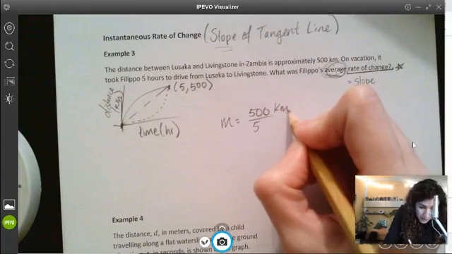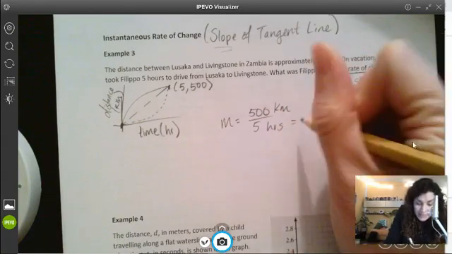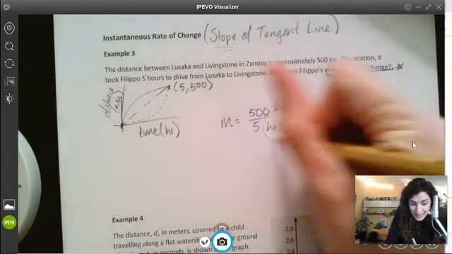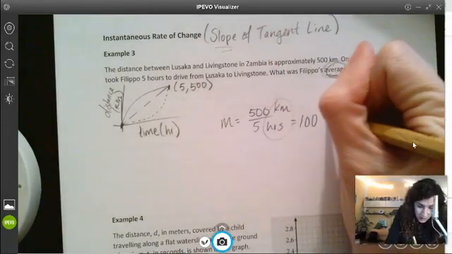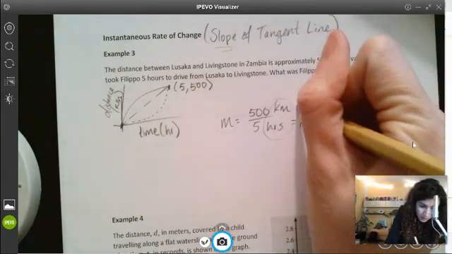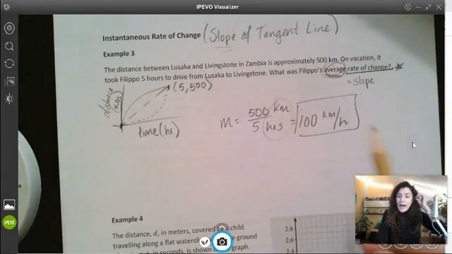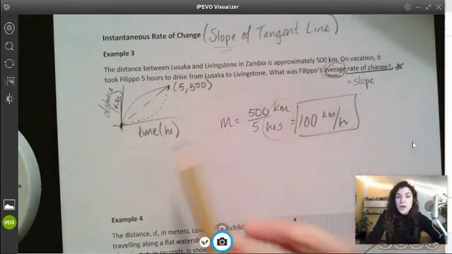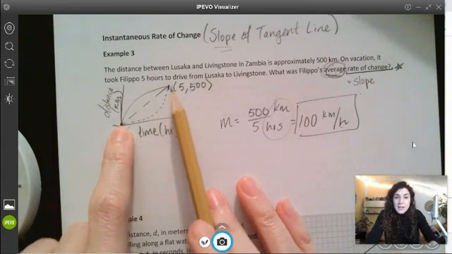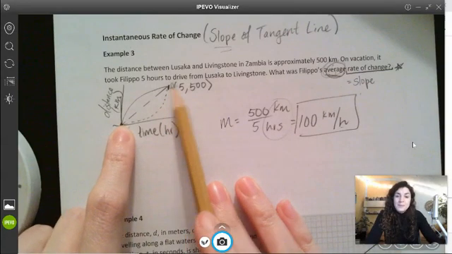And that's kilometers over hours. We could simplify it down to 100. And then these guys remain in fraction form, kilometers per hour. That is your average rate of change between the beginning and where he ended up.